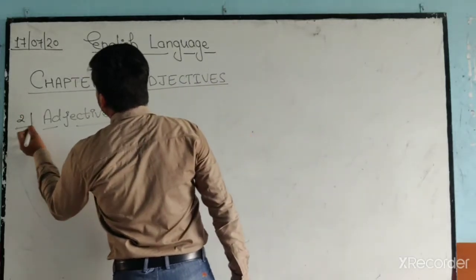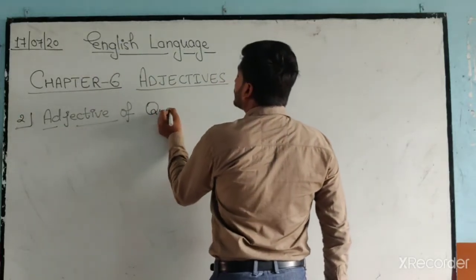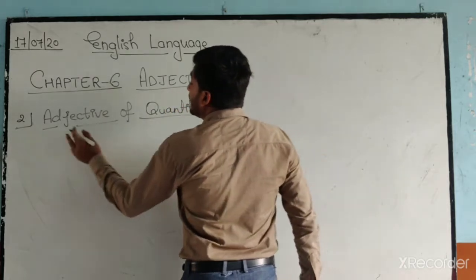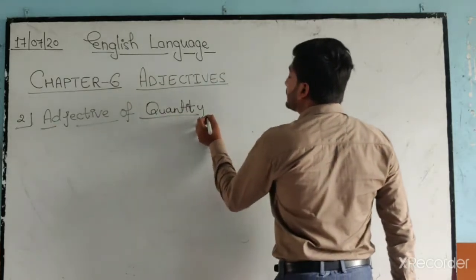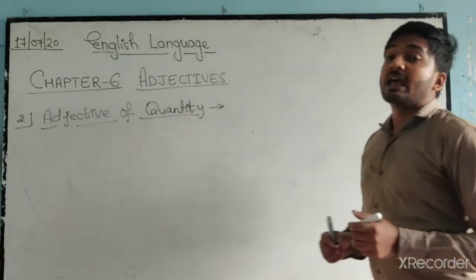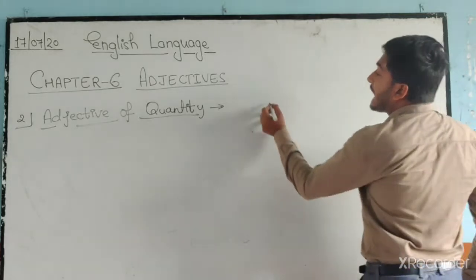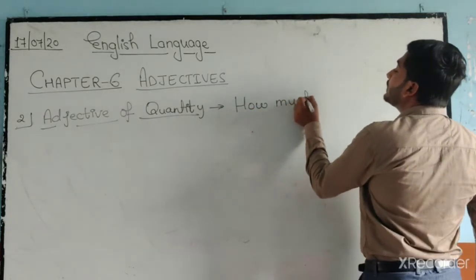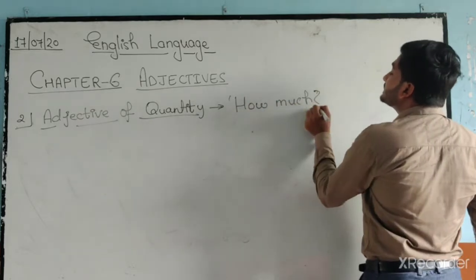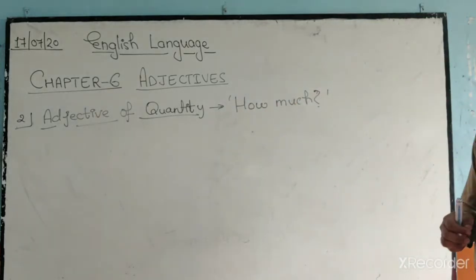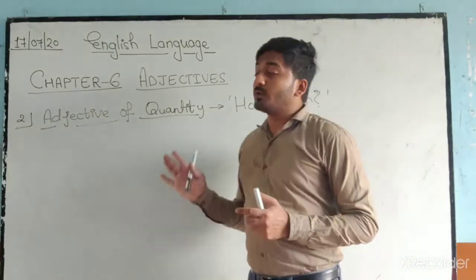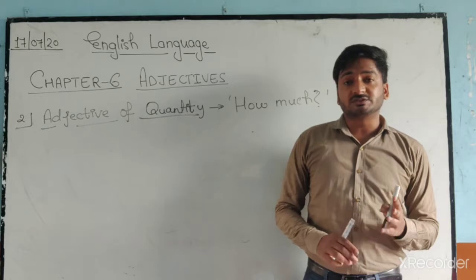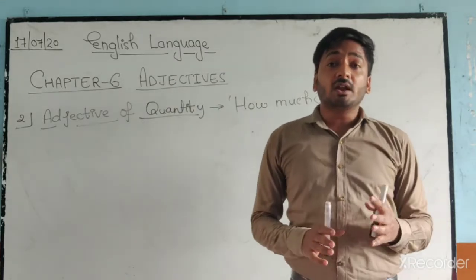Number two, adjective of quantity. An adjective of quantity tells about a noun or pronoun and answers the question how much. Mostly we use an adjective of quantity for nouns which are uncountable, which we cannot count.